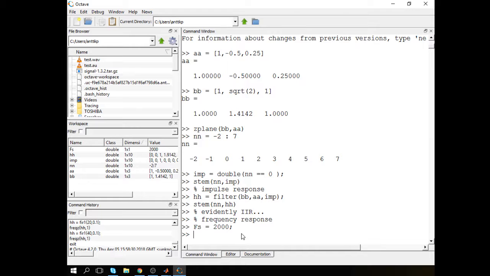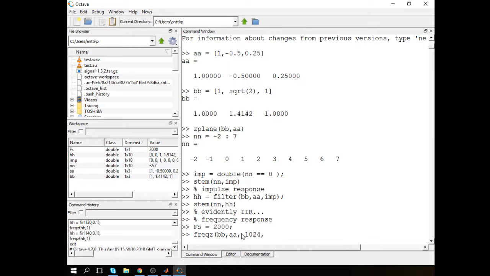maybe. So there you can actually then calculate the frequency response, BB, AA, the same system coefficients as thus far. Then the number of points you want to do the calculations. Use, for example, 1024, which is a good number.